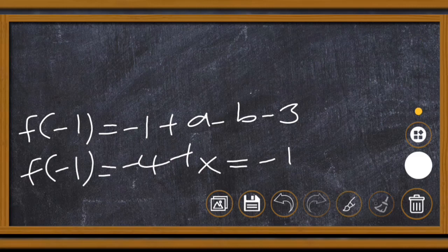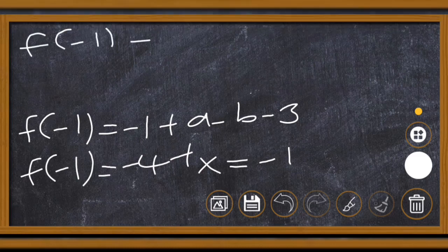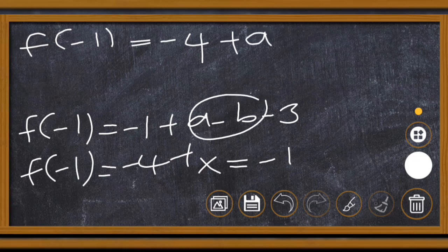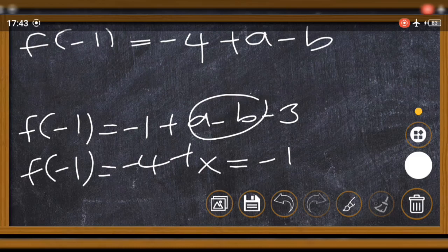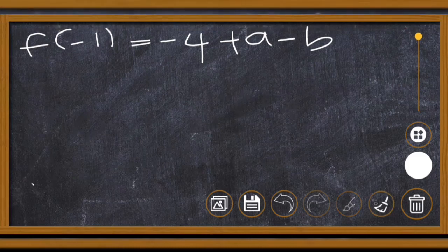So here we have f of negative 1 equals negative 1 added to negative 3. We are going to have negative 4, and then we have positive a minus b. So we have found that one as our simplified polynomial function.